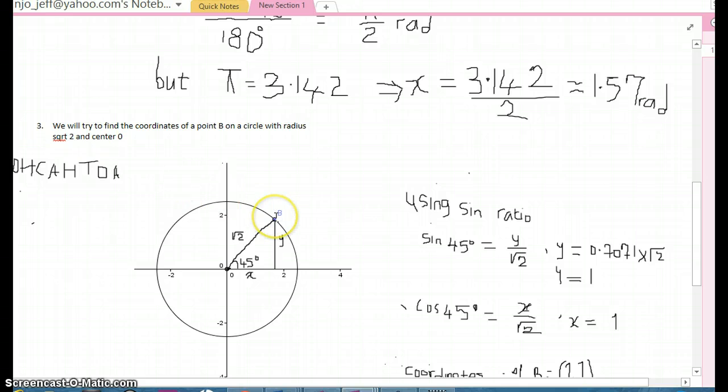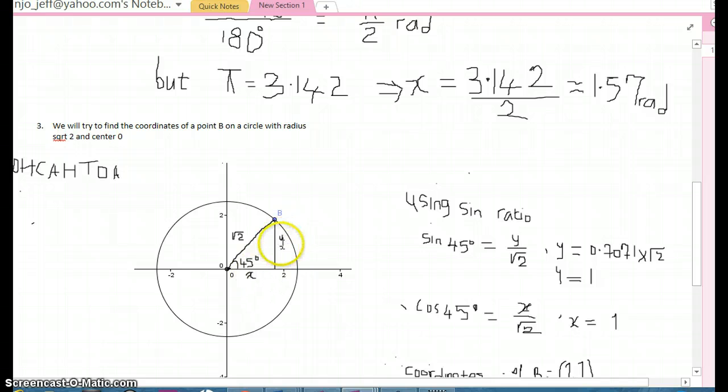If I extend this line to a vertical line, it makes a triangle having an angle of 45 degrees at point O, and then I can easily calculate the values of y and x.